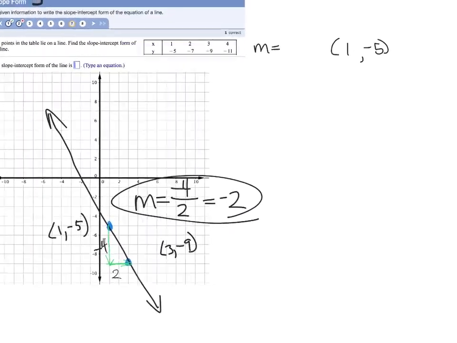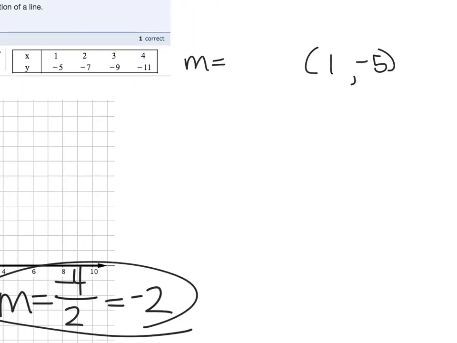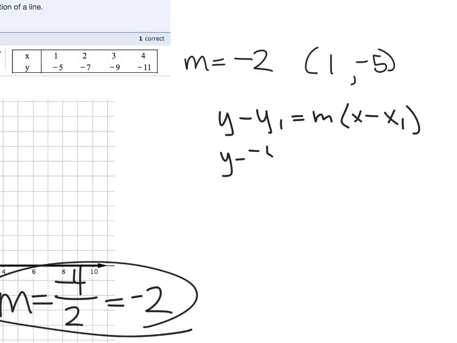So the 2 pieces of information that we needed: slope is negative 2, and we needed a point, so I chose any one of these points, and I chose the one with the smallest numbers. So now we are ready to put that into y minus y1 equals m times x minus x1, and we are ready to start substituting. So you get y minus negative 5 equals negative 2 times x minus 1.